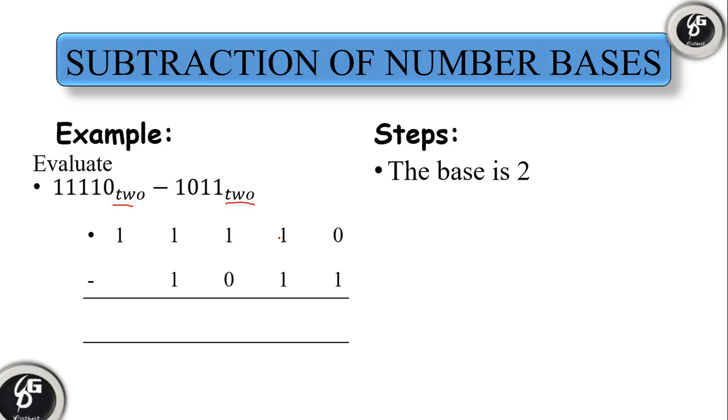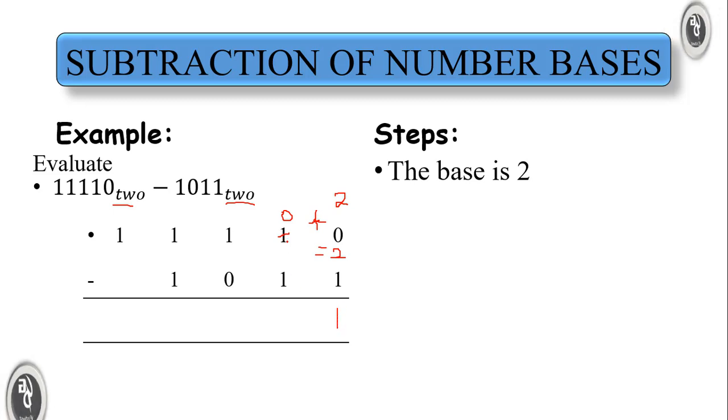If I borrow 1 of this base, I'm left with 0. So I borrow base 2 plus this 0, that will give me 2. So 2 minus 1 gives me 1.